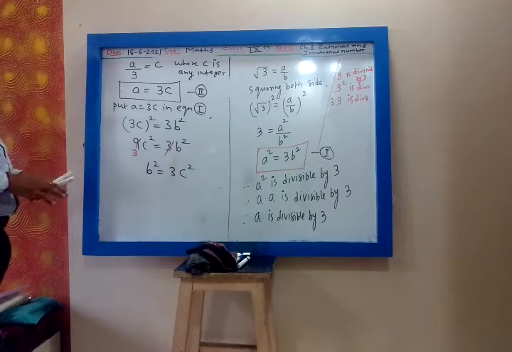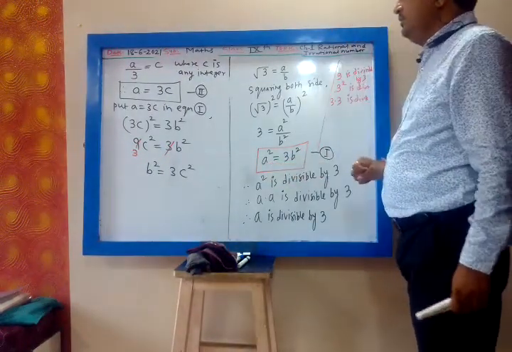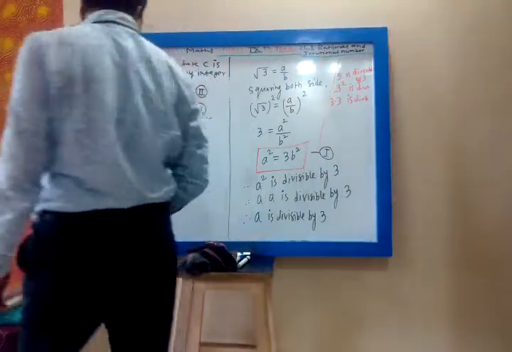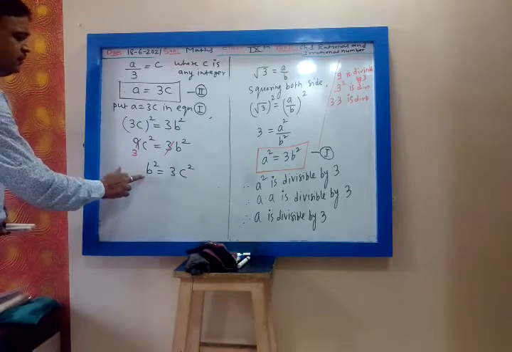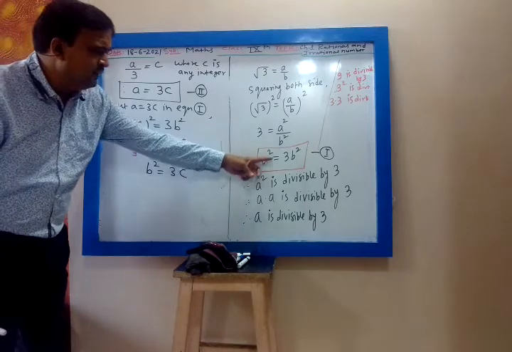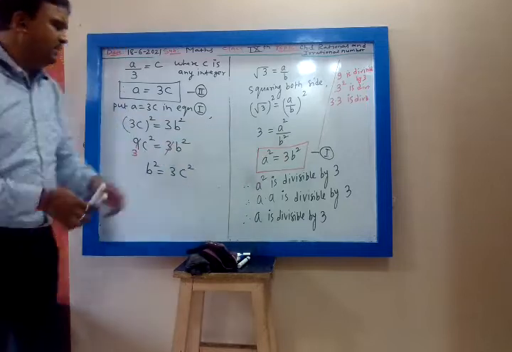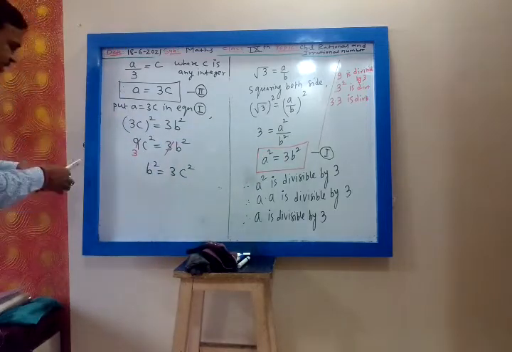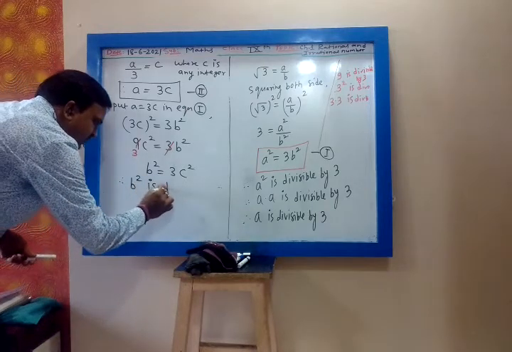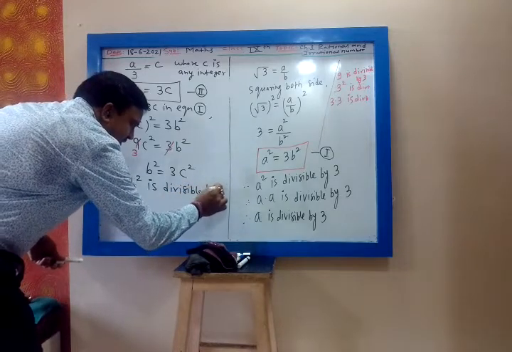Now what can you conclude from this? If A square is 3B square, that means A square is divisible by 3. Yes or no? Same logic you apply here: B square is 3C square, that means B square is divisible by 3.